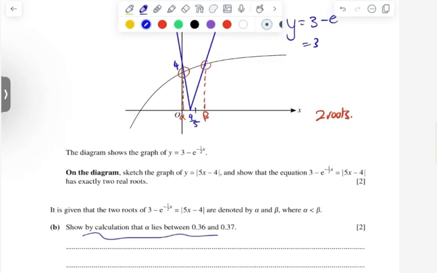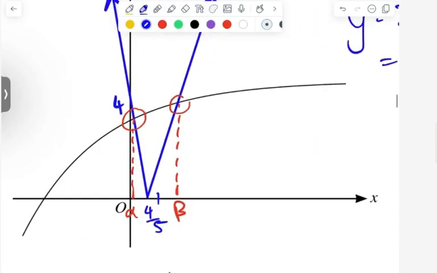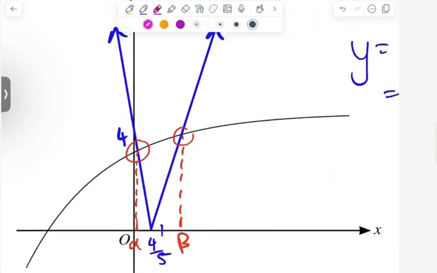Okay, so which topic are we now in? Can you see that we're now going to be heading quickly into numerical analysis? This is a really interesting question. They did get us to draw the graph so that we can see exactly what's going on here. Can you see, whenever you have a mod function, you've got basically two arms.